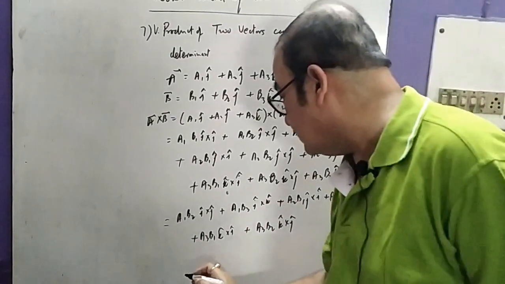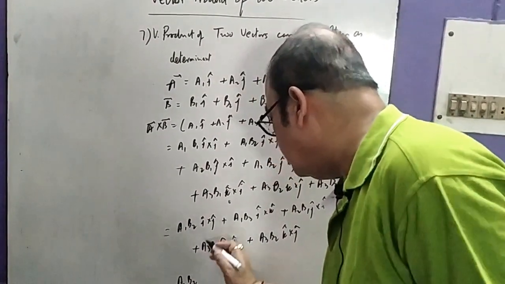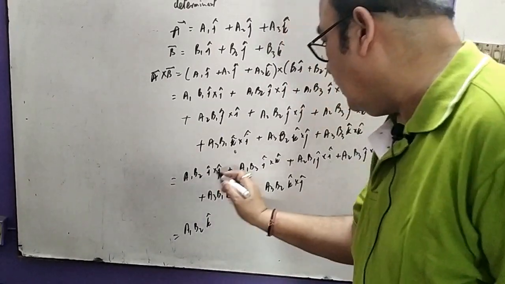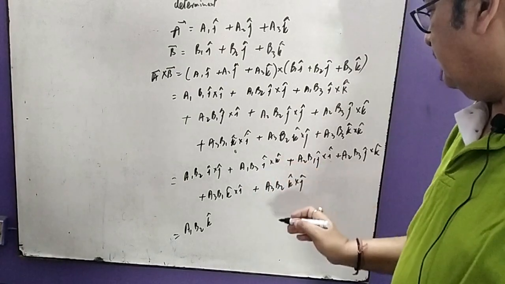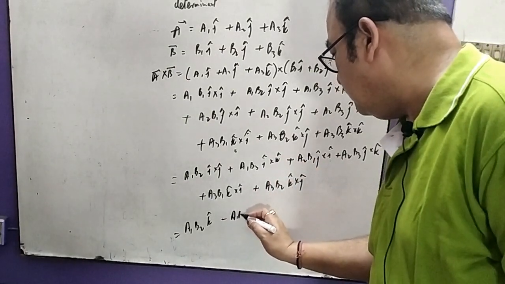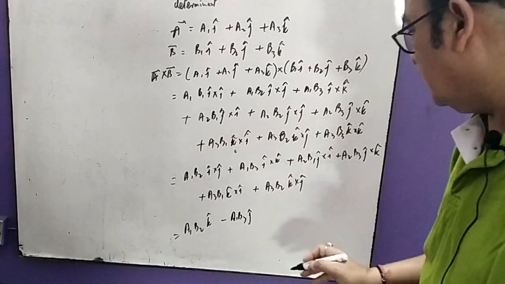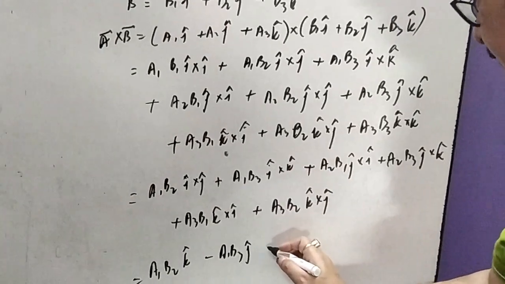तो इसको अगले में हम लोग ये चेंज करते हैं. तो A1 B2 ये हो जाएगा जस्ट के, क्योंकि आई क्रॉस जे को के से हम लोग लिखते हैं. देन A1 B3 माइनस जे हो जाएगा, ओके. आई क्रॉस के माइनस जे होता है.